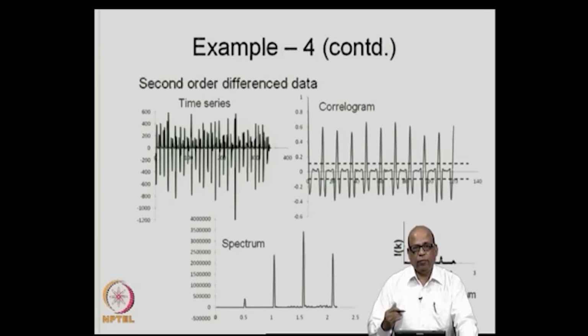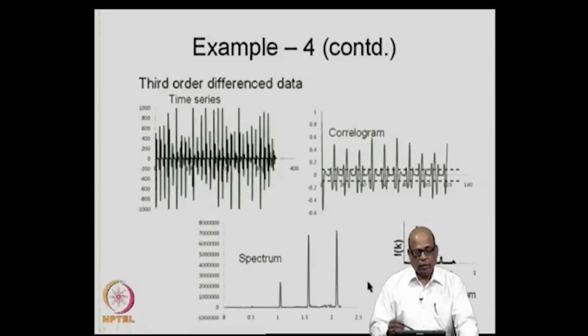In the third order differencing, I do the difference on the second order difference series, which is x double dash t minus x double dash t minus 1. That is, I will take the difference on this difference series itself. When I do that, I get the third order difference series.